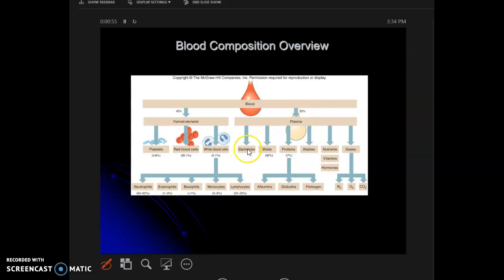So the plasma is made up of the electrolytes, water, proteins, waste, nutrients, gases. I'm interested in the protein part. The protein part, there are three major proteins. We'll talk about that in the next slide. Albumin, globulin, fibrinogen.